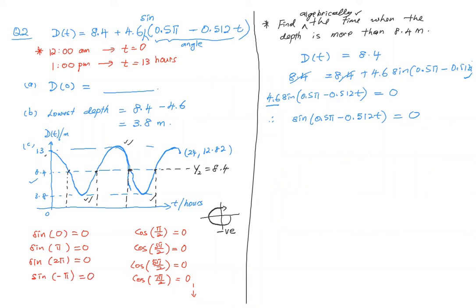Am I right? You put it into the calculator. Then sin negative 2 pi also equals 0. Put it into the calculator and see whether it gives you 0 or not.